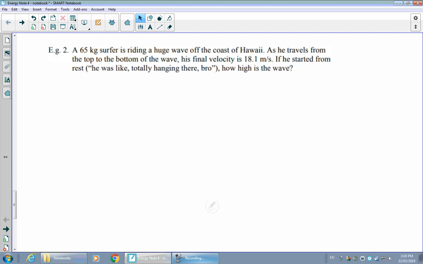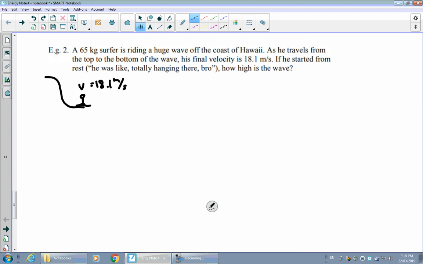Well, again, it's useful if we try and doodle this out a little bit, even if it's not a very effective diagram, just so we can map out exactly what's happening. So we've got some big wave, and they've ridden down to the bottom of the wave. And so we know that when this surfer dude gets to the bottom of the wave, that's when his velocity is 18.1 meters per second.